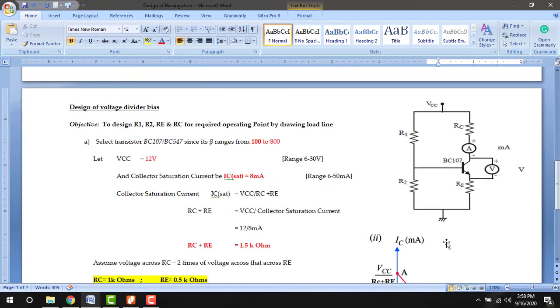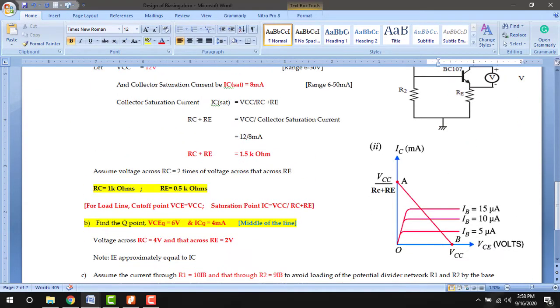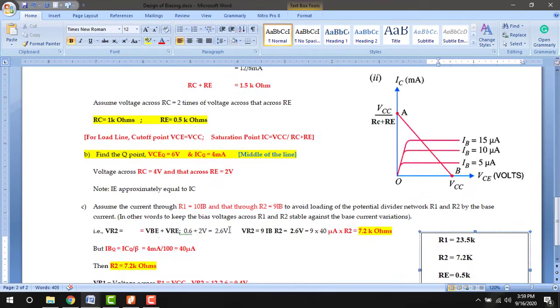If you connect this R1, R2, RC and RE, the voltmeter should read 6 volt and the ammeter should read 4 milliamps. This is going to be verified in the laboratory.